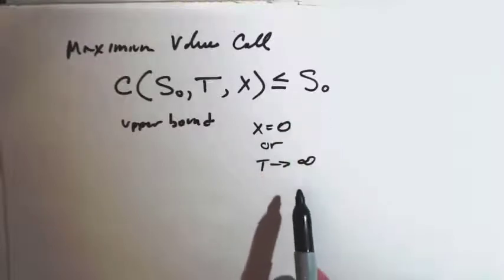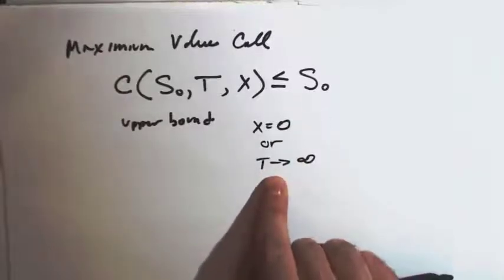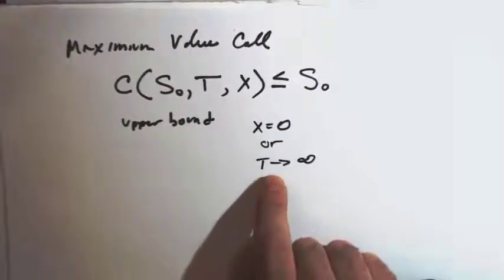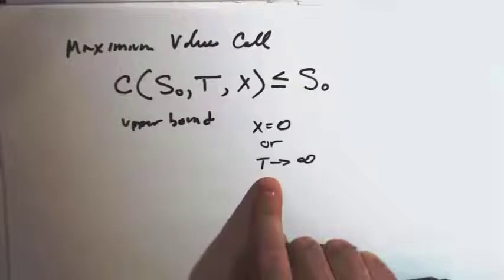Now, you're never going to find an option that has an infinite maturity, but it's more of a mental exercise, and we'll go through that a little later. You'll see it's pretty interesting how we get that upper bound and how to think about the difference between a call and a stock price.